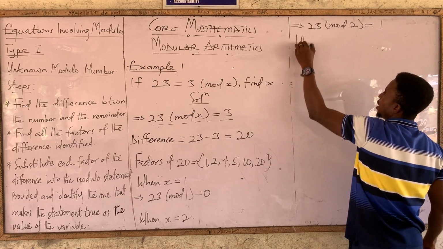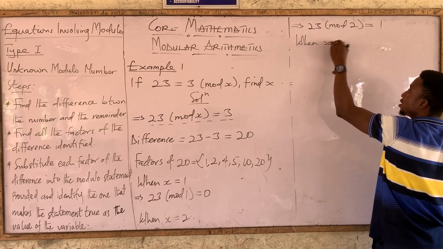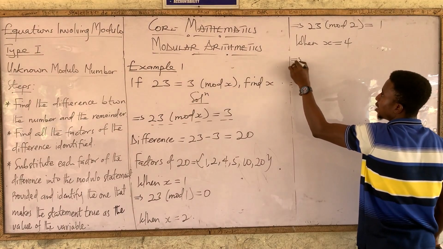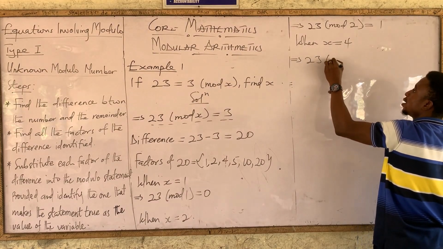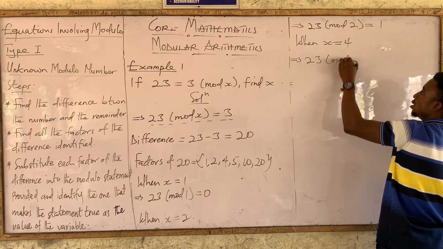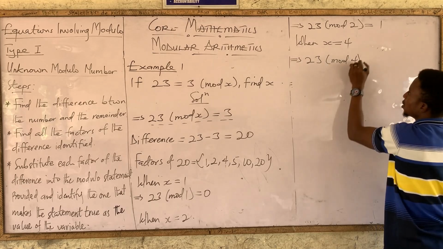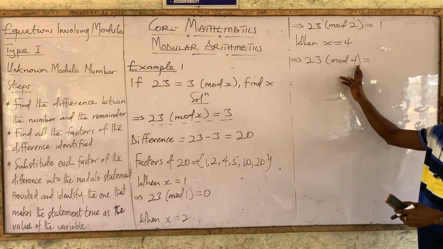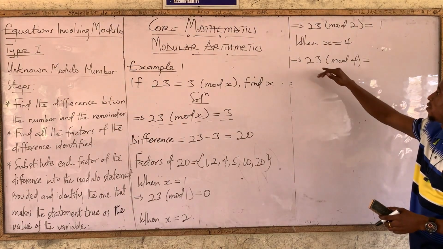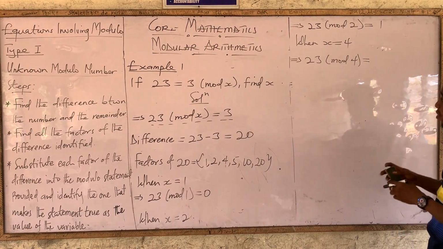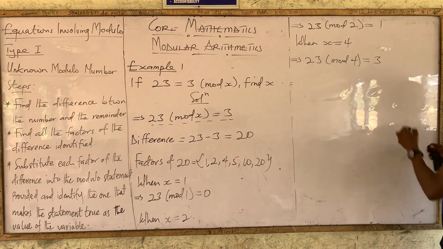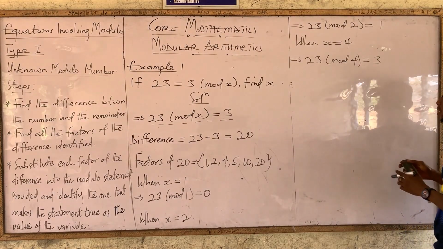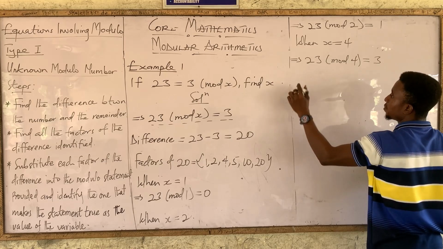Then when x is equal to the next number, 4, I'll have 23 mod 4. How many 4s can we get from this? 23 divided by 4, we have a remainder 3. That is 5 fours, then 3 is left.